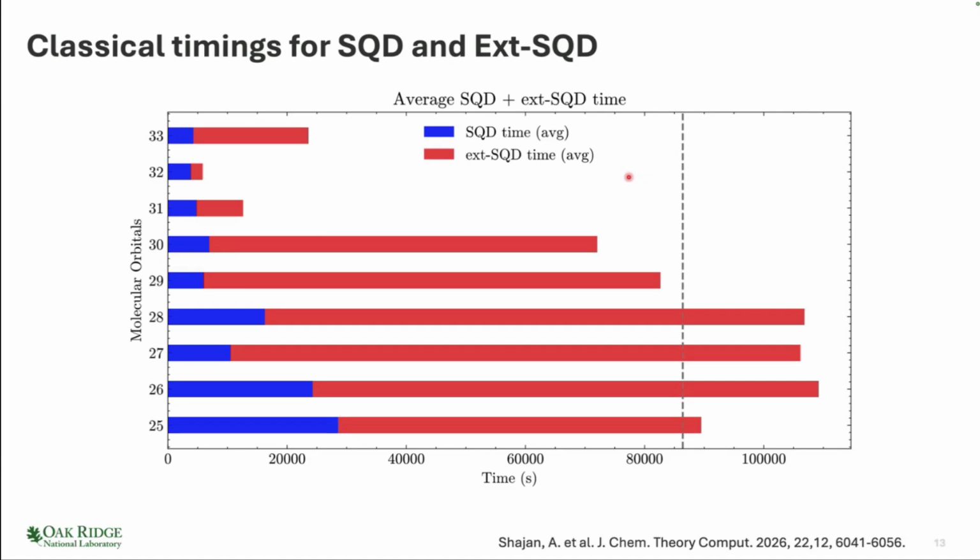And similarly, you see that the average runtime is quite heavy for these systems, where this dashed line here is roughly 1 day of compute wall time.